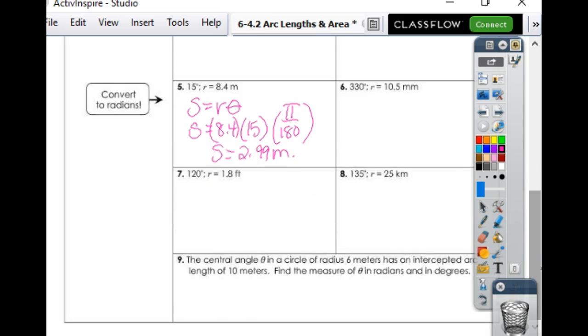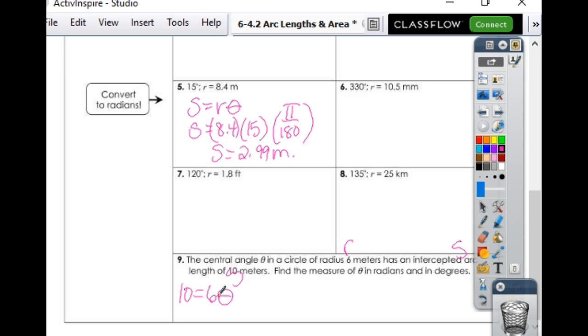So on number 9, it says the central angle in a circle of radius 6, so here's my r, has an intercepted arc length of 10. So this is my s here. The 10 is an s. It says find theta in radians and degrees. So if I put 10 equal to 6 theta, the first theta I'm going to find is in radians.